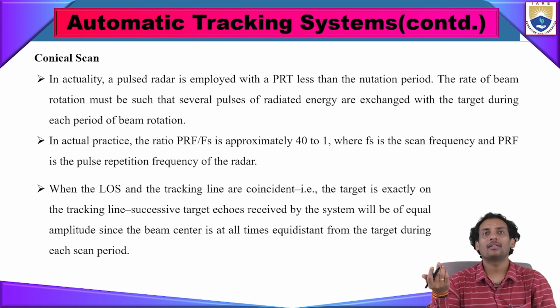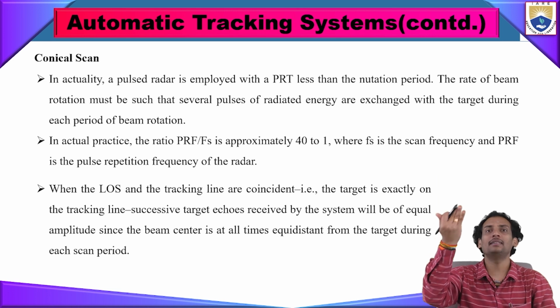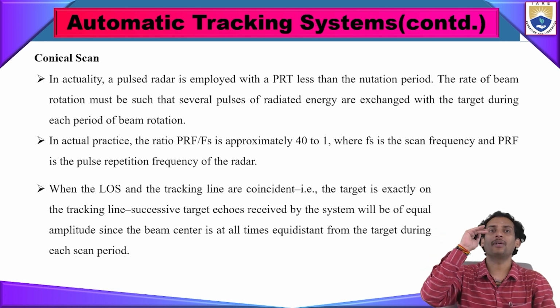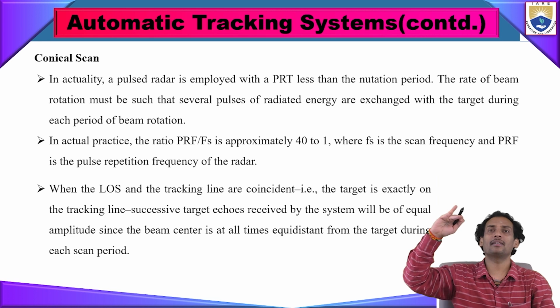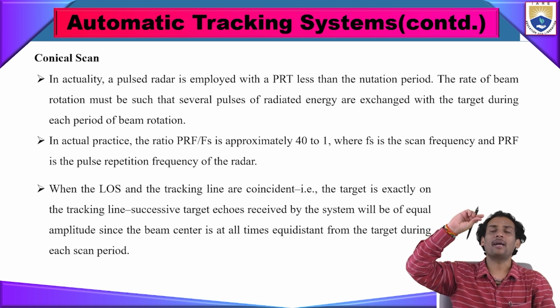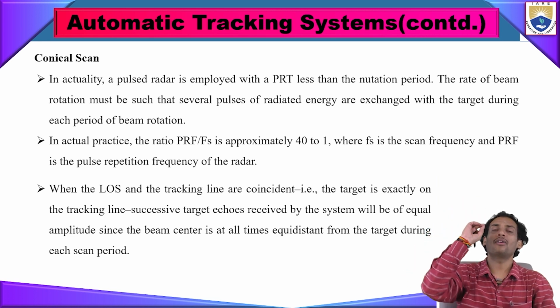Then the line of sight and the tracking line are coincident, and the target is exactly on the tracking line. Whenever the line of sight and tracking line angles match, it locks the target.